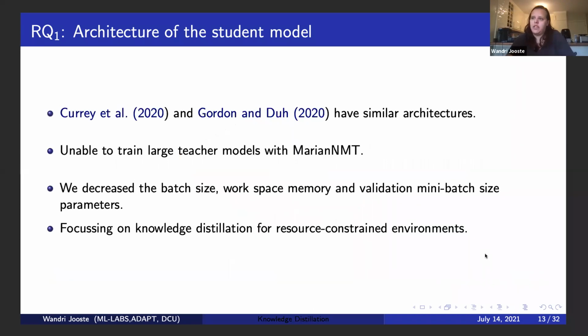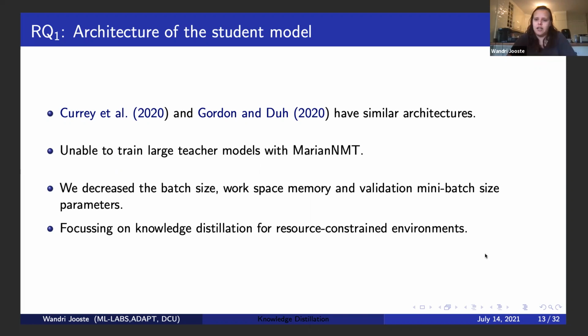The other paper that is important for the architecture we use is by Gordon and co-authors. They also used a similar architecture where they have 12 encoder and decoder layers in the teacher model and only 6 encoder and decoder layers in the student model. We tried to replicate some of their work, but we were unable to train these big teacher models with the Marian NMT toolkit because it uses so much memory when these models are so big.